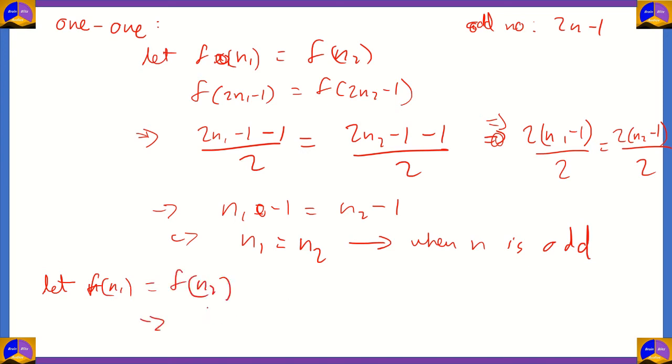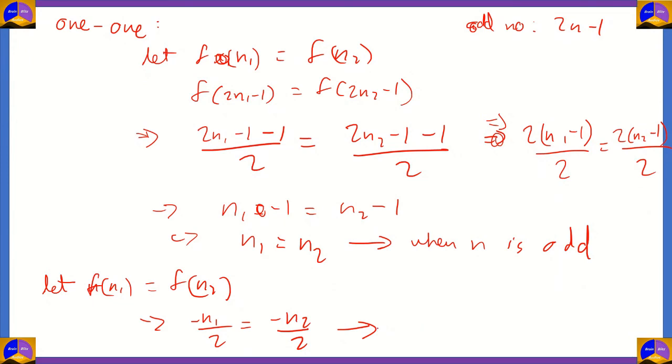For n even, let f of n1 be equal to f of n2. Then you can put in the value of the function. For even numbers, it is minus n by 2. So therefore, minus n1 by 2 equals minus n2 divided by 2. So you can cancel out the denominator from both sides.